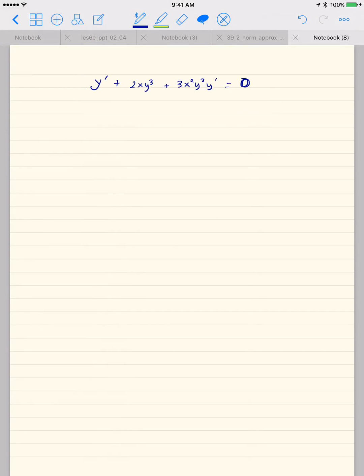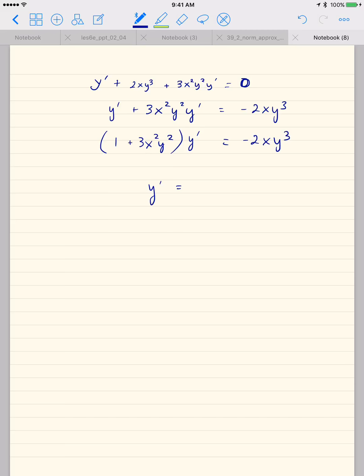And now we can find a formula for y prime that's more explicit. So we can gather all of our y primes together. So we'll have y prime plus 3x squared y prime equals negative 2xy cubed. Factor out y prime. 1 plus 3x squared y squared times y prime equals negative 2xy cubed. So now we get y prime equals negative 2xy cubed divided by 1 plus 3x squared y squared.